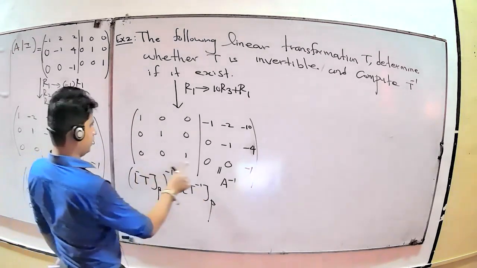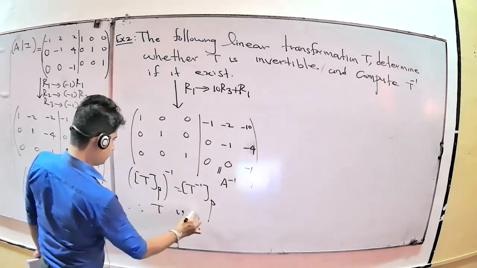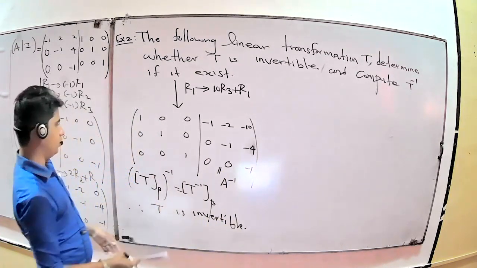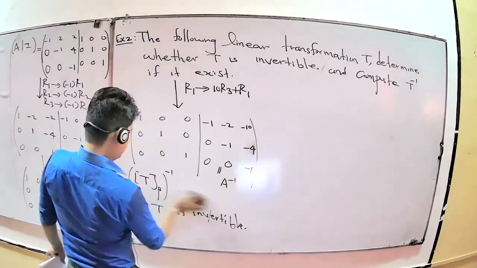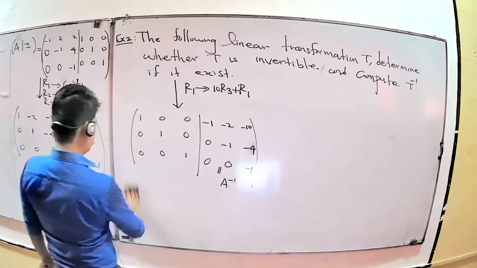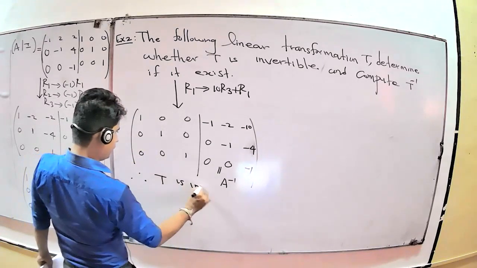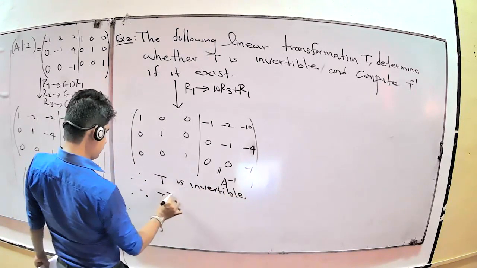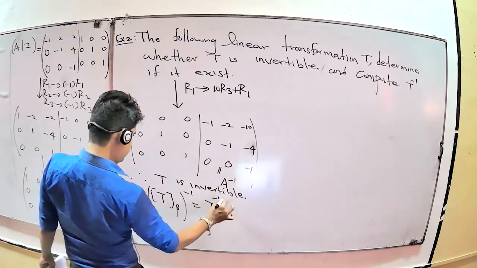Therefore, since we got I3, it is an invertible matrix, therefore T is invertible. From invertibility you have this formula: T of beta inverse equals T inverse of beta.